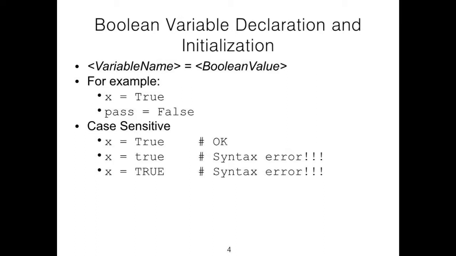Tuple is also an ordered variable. That means the sequence of the items of the composite variable is important. But tuple is not mutable. That means after you create a tuple, you cannot change the value of the items inside of the tuple.